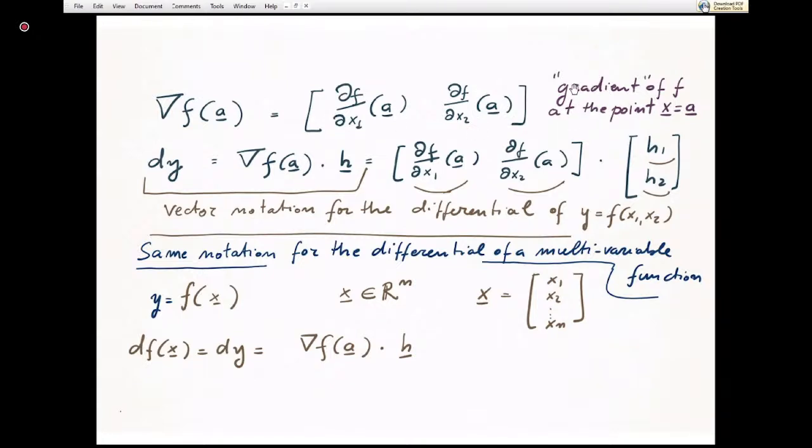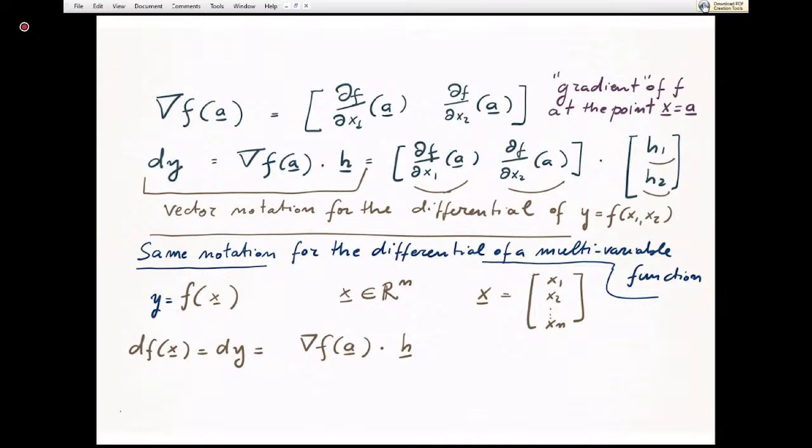The gradient is basically the derivative of an n variable function. Since there are n derivatives, the derivative is not just a number, it's a vector. So the gradient of f at the point x equal to a is just the row vector of the n partial derivatives with respect to the n variables, like in this case.